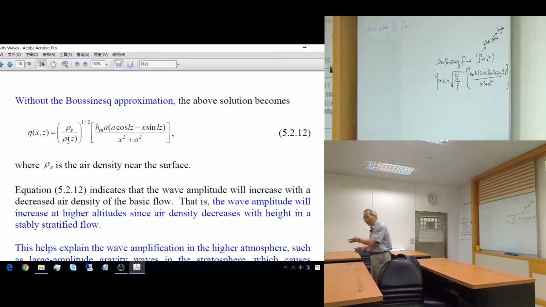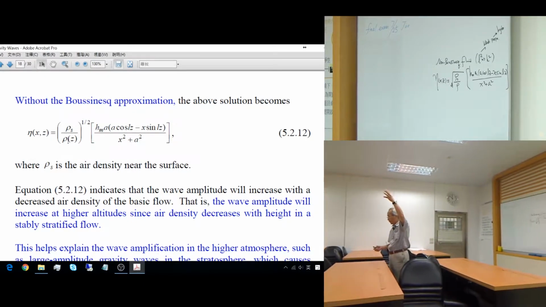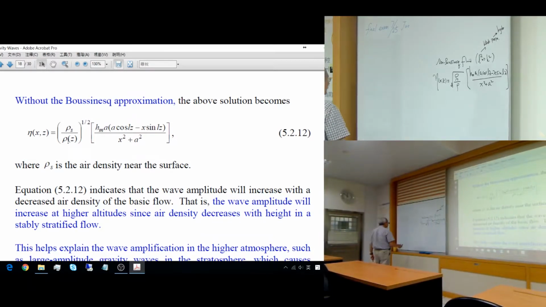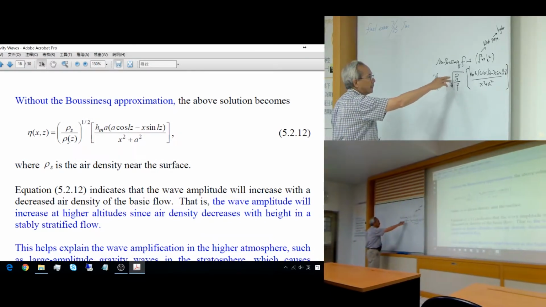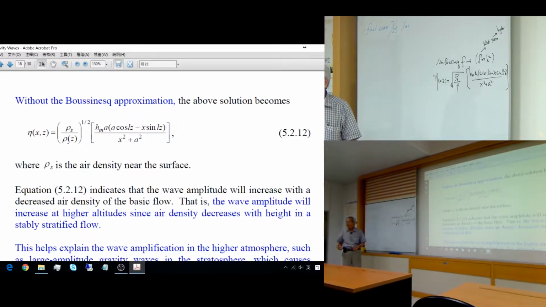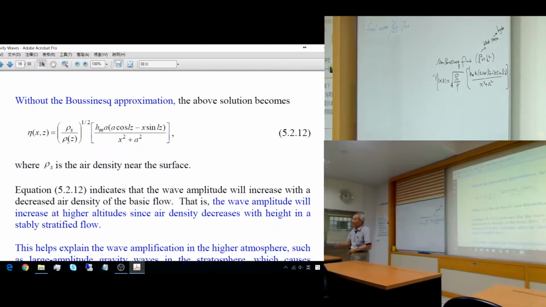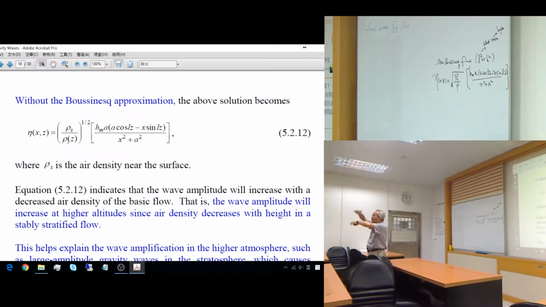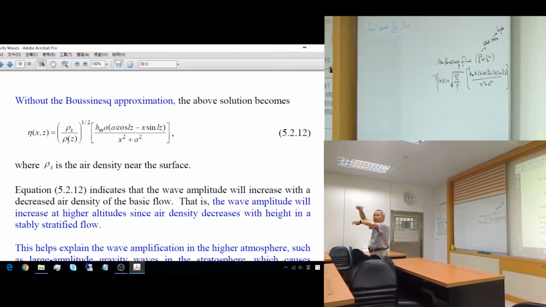Normally it decreases even exponentially with height. That means this term will be greater than 1, which means the wave can amplify with height.